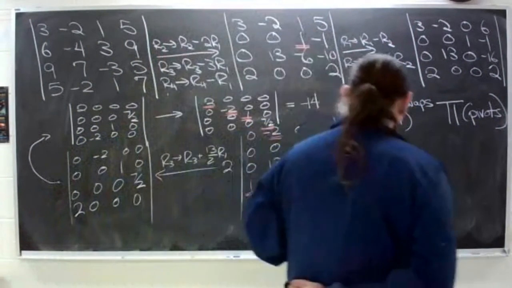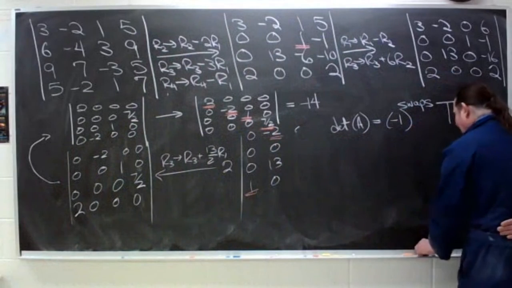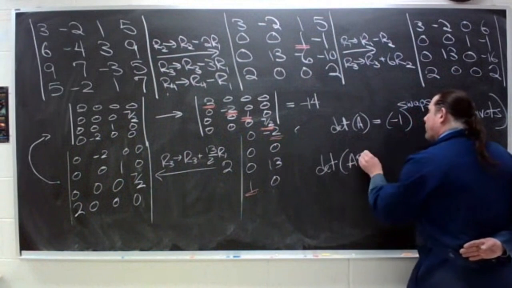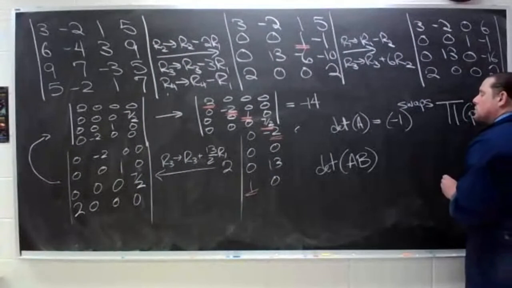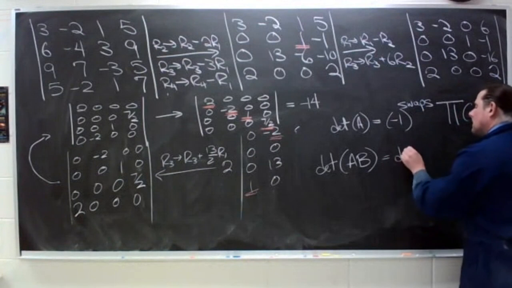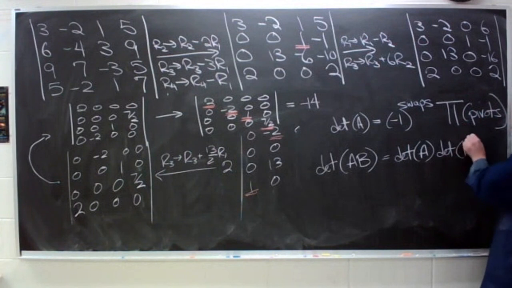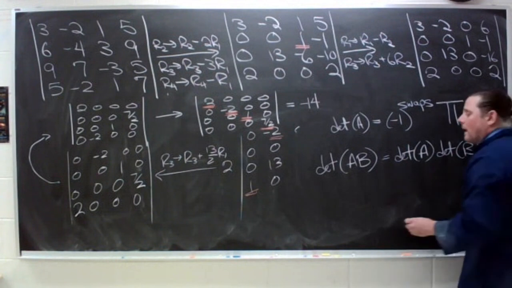This also gives us an easy way to establish that the determinant of a product of 2 square matrices is equal to the product of the determinants of those matrices.